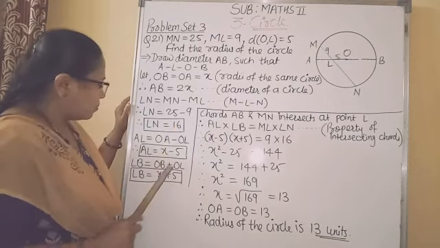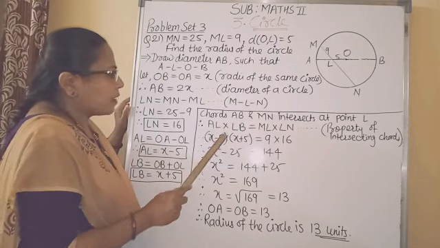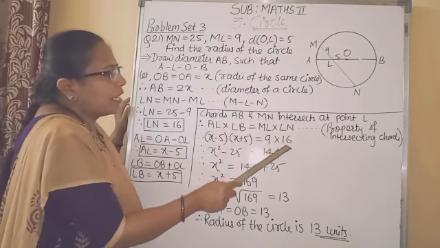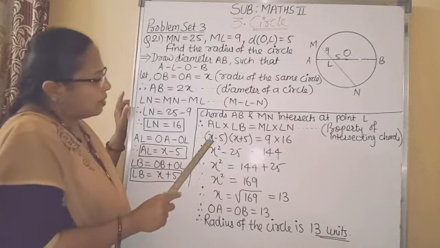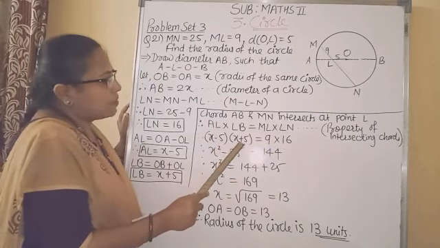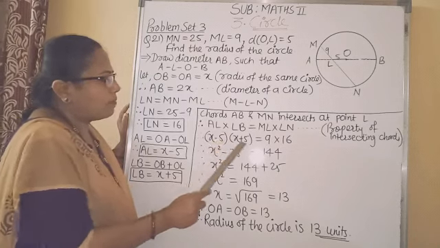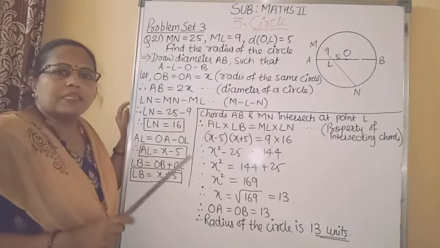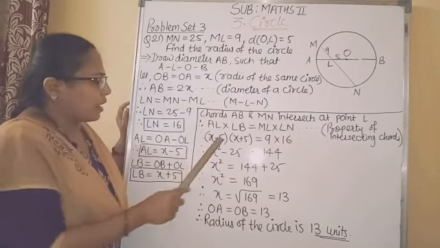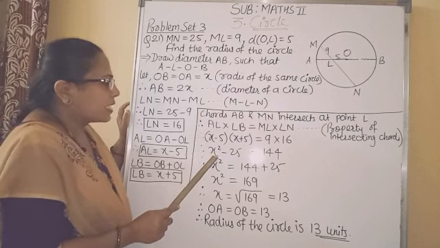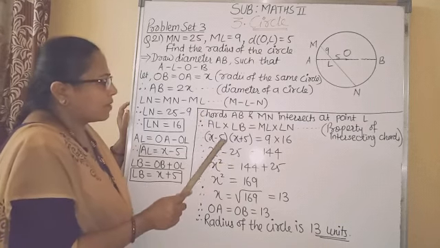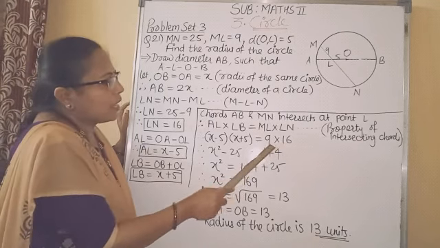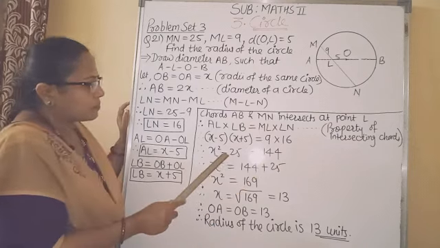Now substitute values. Here we have all the values: AL is equal to X minus 5, LB is equal to X plus 5, ML is equal to 9, LN is equal to 16. Now the brackets (X minus 5) into (X plus 5) are in the form of (A plus B)(A minus B), so the product is A square minus B square. So we get X square minus 25, since 5 square is 25, equal to 16 into 9, which is 144.